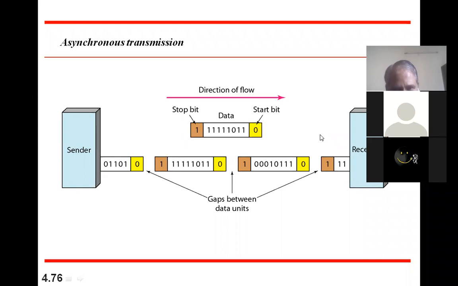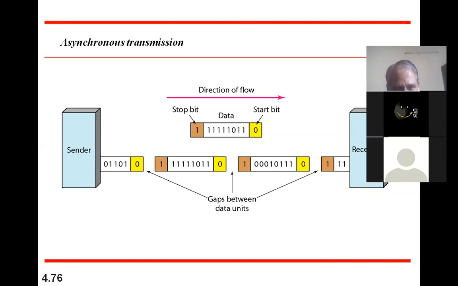So it should detect the start of the data stream, synchronize itself to that, then receive all the bits at the same rate as sent. That means the clock rate should be the same at sender and receiver, but where the bit pattern starts and ends depends on data availability at the sender. That's why it is called asynchronous communication.